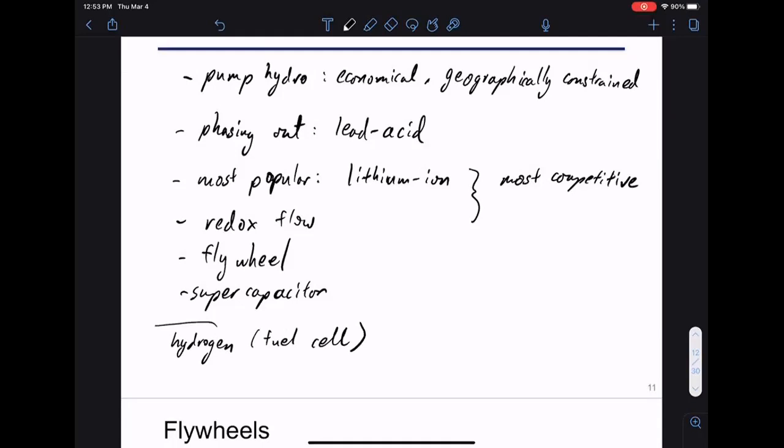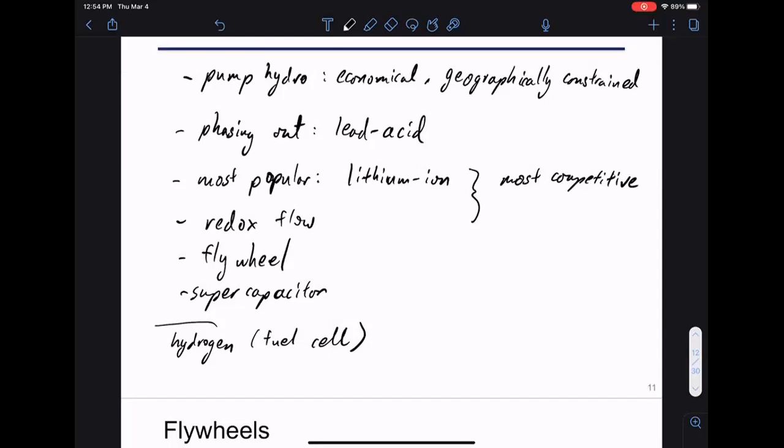But we're not going to think of hydrogen as a battery, because really you're converting electricity into a fuel, which happens to be hydrogen, and then you can generate power through a reaction of hydrogen and natural gas, let's say, to create a fuel cell. It is energy storage, but that's typically not what we think of in the grid as energy storage. We are not thinking of fuel cell as storage.